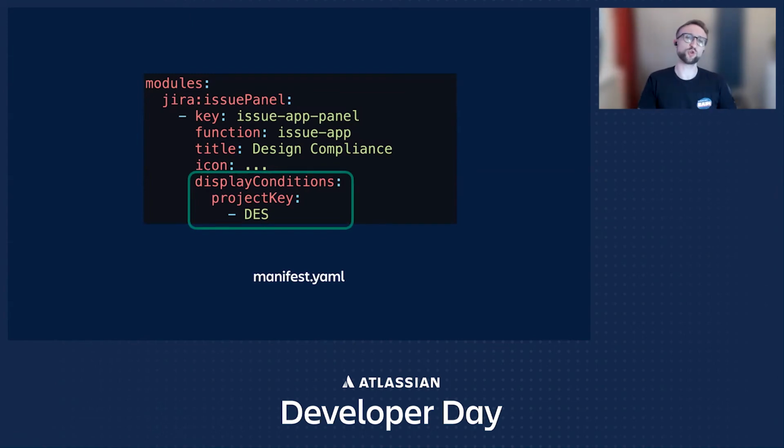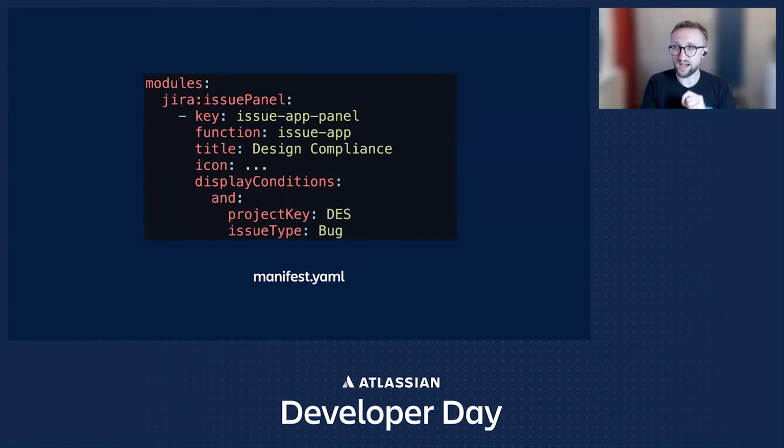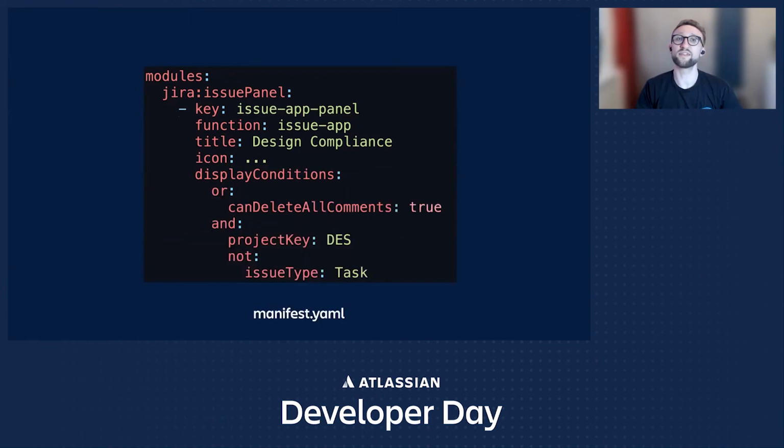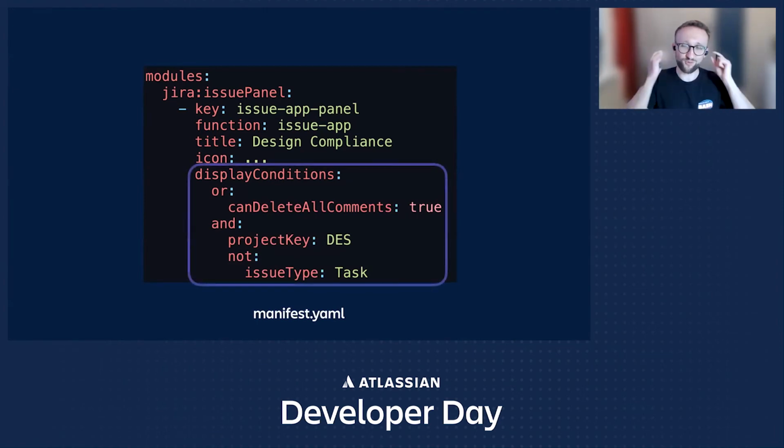I just want to show the extension only if the project key is DES. But I can also use logical operations here, like and, or, not, to combine the operations. And I can even reflect more complex logic here if I would like to, and combine those.